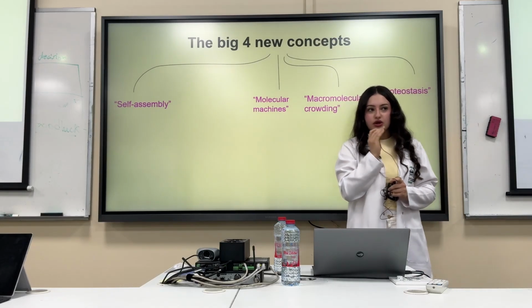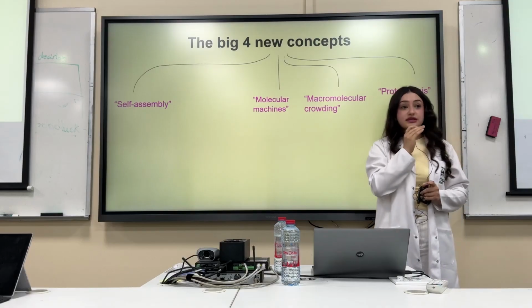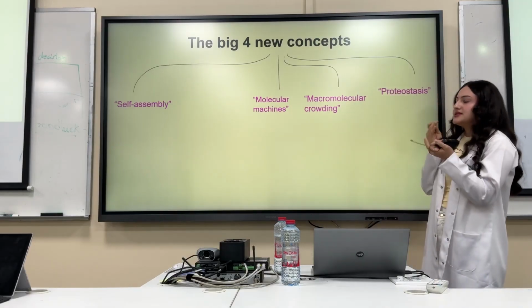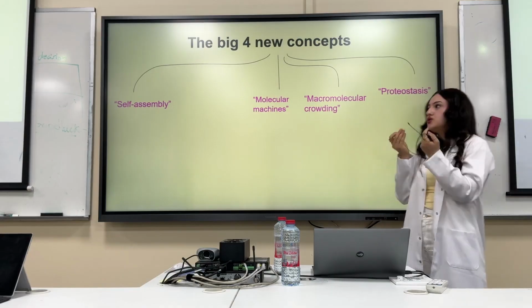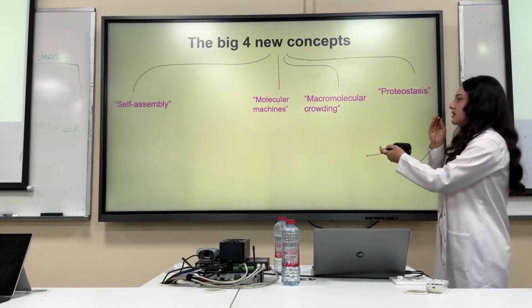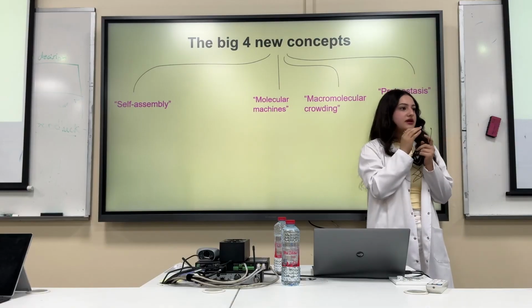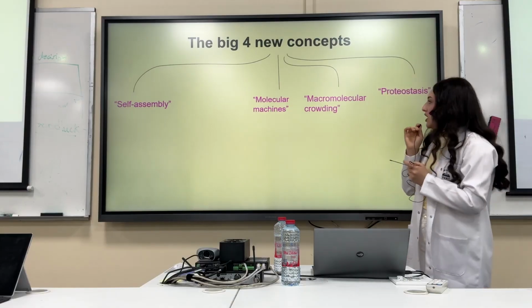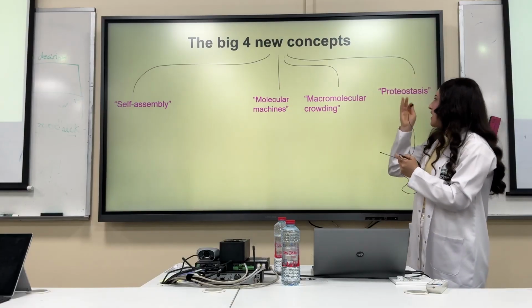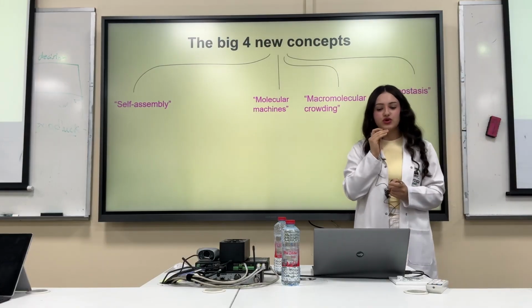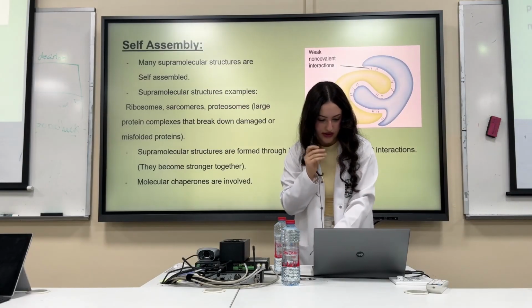If you look at the word and you studied it, but you forgot it, some of them are self-explanatory. You can recall what you learned from it. For example, self-assembly means it arranges itself. Macromolecular crowding means crowded. Molecular machines and proteostasis, it's very unlikely that you would forget anything about them.